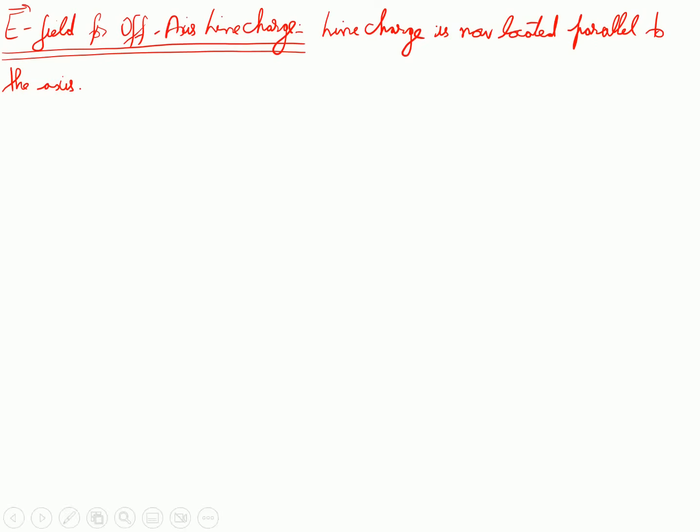What does it mean? For example, let's say our point is 6, 8 and z, because we are along the line's location. So let us say these are my coordinates x, y and z, and now my line is not located on the origin, not on the z axis.